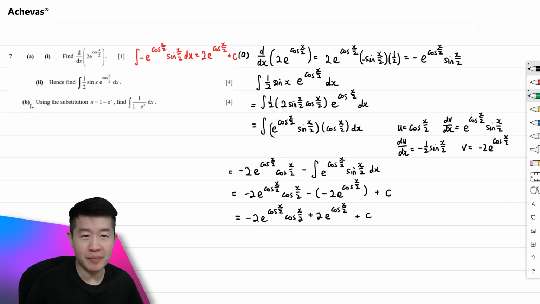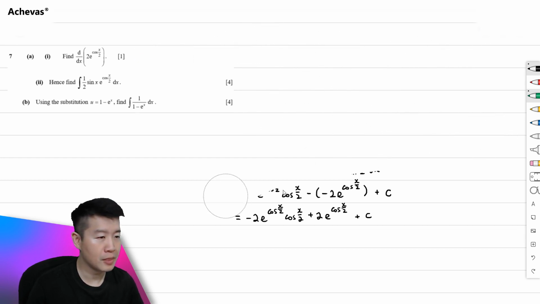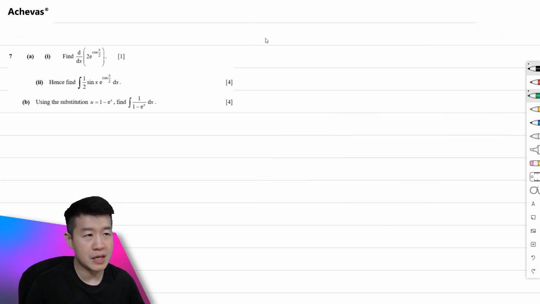And let's finish up with B. It is a substitution question. For B, we are supposed to integrate 1 over 1 minus e to the power of x by using this as a substitution.